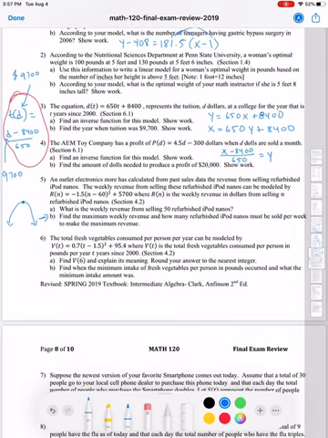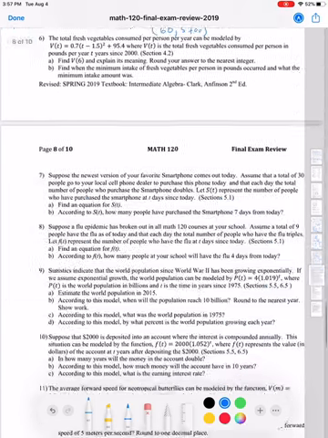The vertex is the H and the K. 60 opposite sign. The K is 5700. So what does this mean? For selling 60 nanos, you'll get a maximum revenue of $5,700. It's as simple as that, guys. 5 and 6 are similar. You should try one of these.